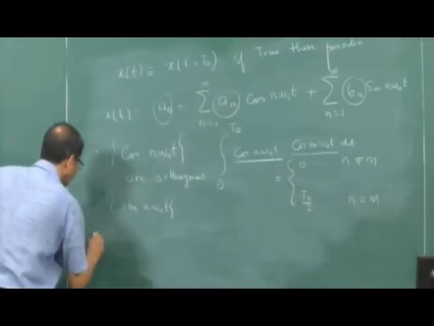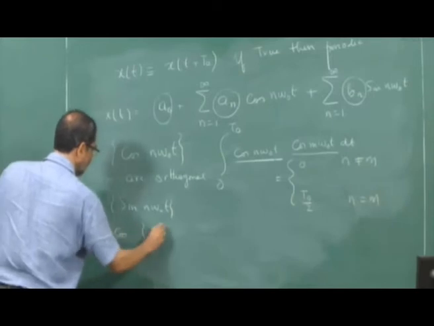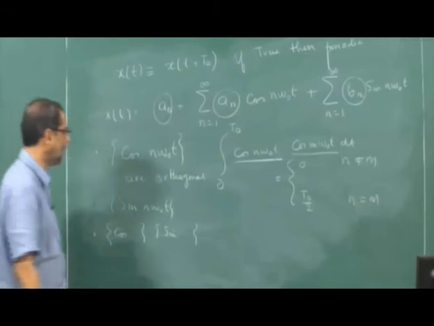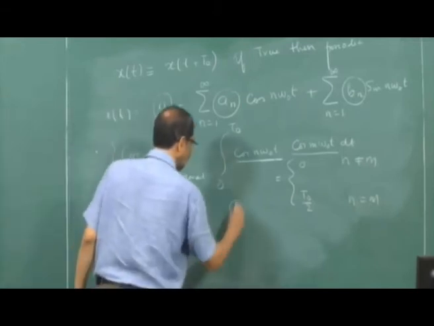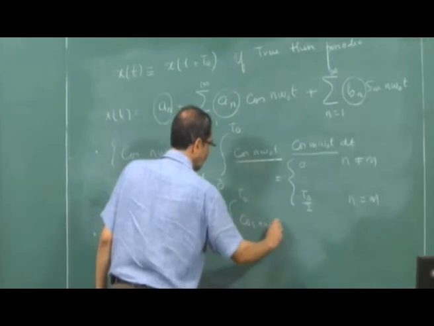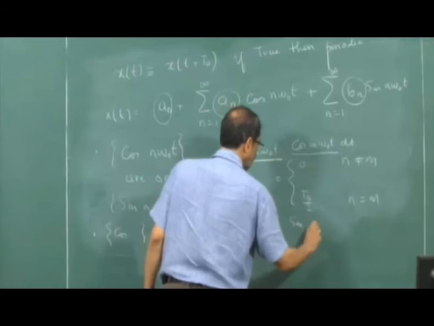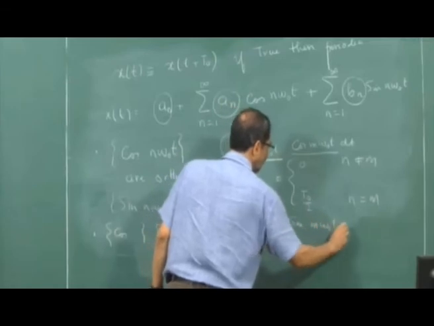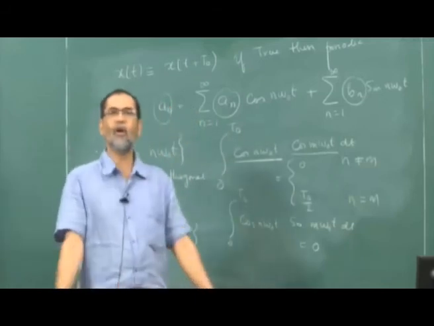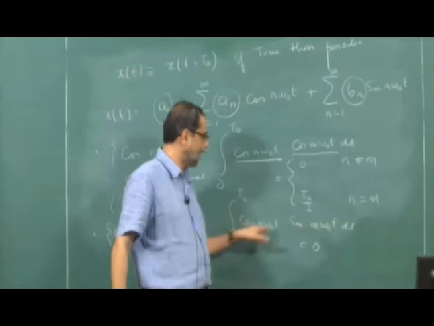Then another interesting property is that the set of functions cosine and sine are mutually orthogonal, meaning if I integrate cosine n omega naught t times sine m omega naught t dt, this will be 0 for all n and m, even when n and m are identical.